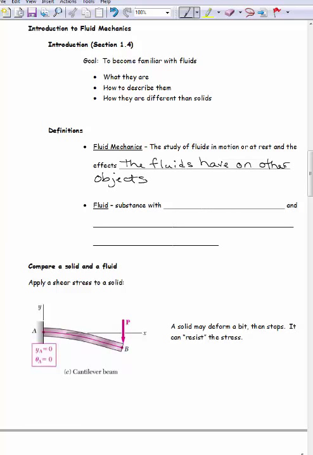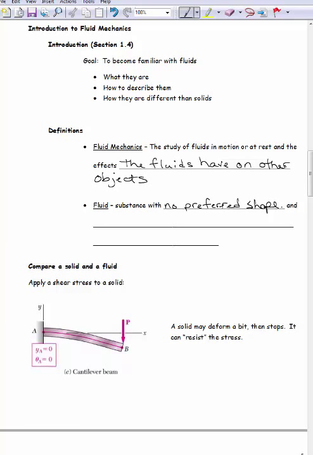Okay, and a fluid itself, you all know what a fluid is, but let's get a little bit technical with it. A fluid is a substance with no preferred shape, and the other thing that tells us it's a fluid is it will just deform continuously if a shear stress or a shear force is applied to it, and it won't stop.